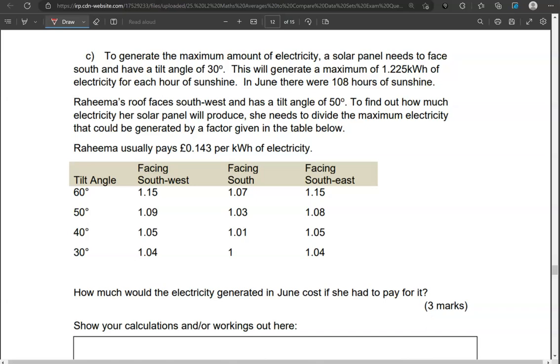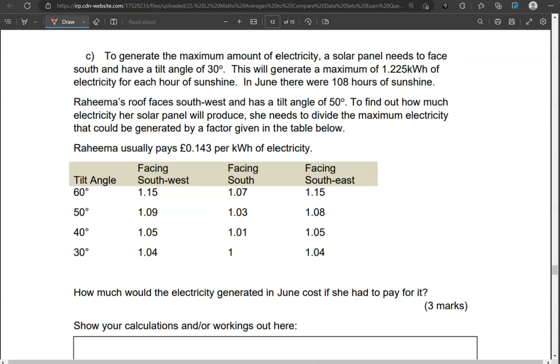To find out how much electricity her solar panel will produce, she needs to divide the maximum electricity that could be generated by a factor given in the table below. Rahima usually pays 0.143 pounds per kilowatt hour of electricity. How much would the electricity generated in June cost if she had to pay for it? Show your calculations and the workings out here.